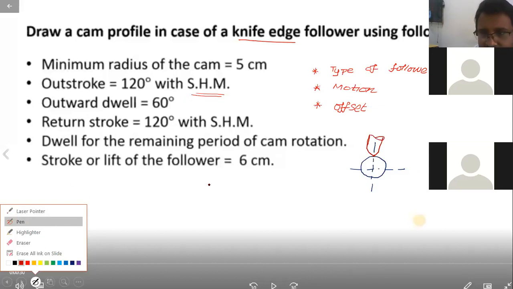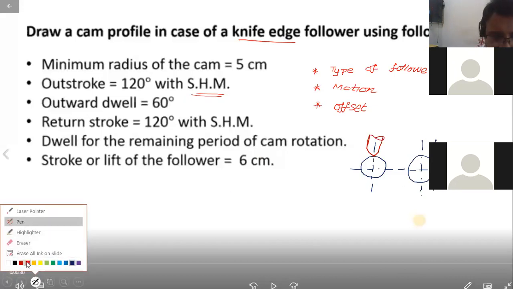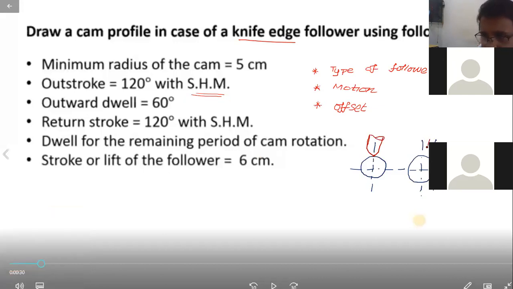Same way, when the cam follower is kept here instead of here, this distance is called the offset.